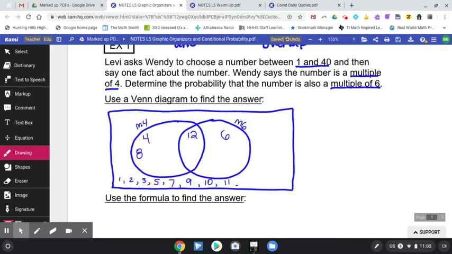So we put that in the center. 13 is neither. 14 is neither. 15 is neither.